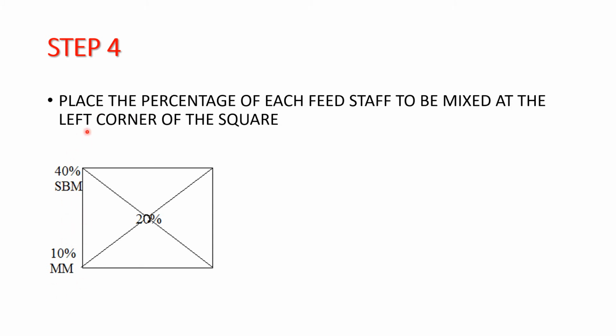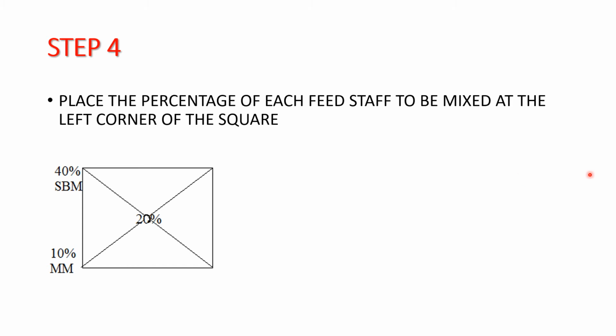The task there is just a matter of placing the percentage of each feedstuff. From the example, we have 40% soybean meal and 10% maize meal. So as per the instruction, we place the percentage of each feedstuff at the left corner of the square.